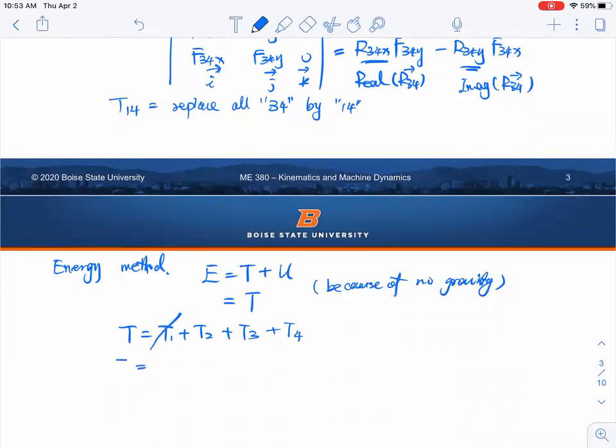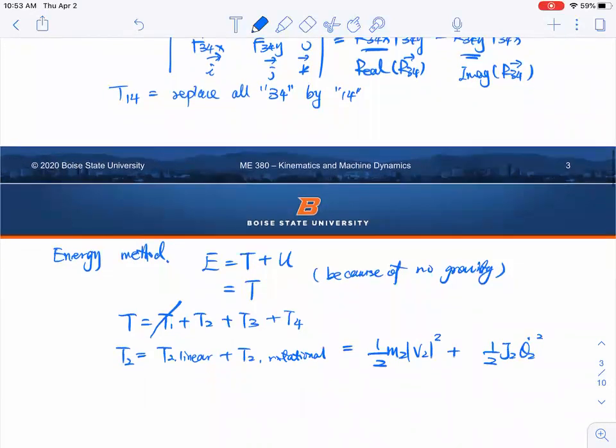So your T2 equals T2 linear plus T2 rotational. When we talk about kinetic energy, it's both linear motion and also rotational motion. Linear motion is half m2 v2 amplitude plus half inertia times theta 2 dot squared.